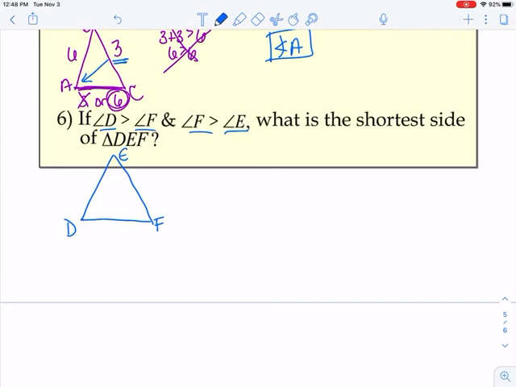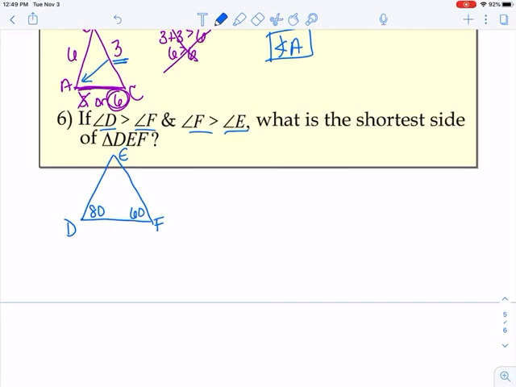Okay, so the first thing I need is angle D is greater than angle F. So I'm going to call angle D 80. So if angle D is greater than angle F, F is going to have to be less than 80 degrees. Let's subtract 20, so let's make that 60.